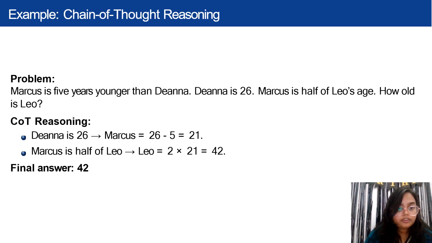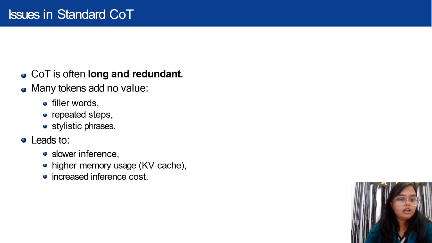While this logic gets the right answer, we notice that it has many intermediate texts, it is verbose. Standard chain of thoughts responses are incredibly redundant. The model generates tokens like "which means", "therefore", and repeats numbers unnecessarily. So why is this a problem? First, slower inference.